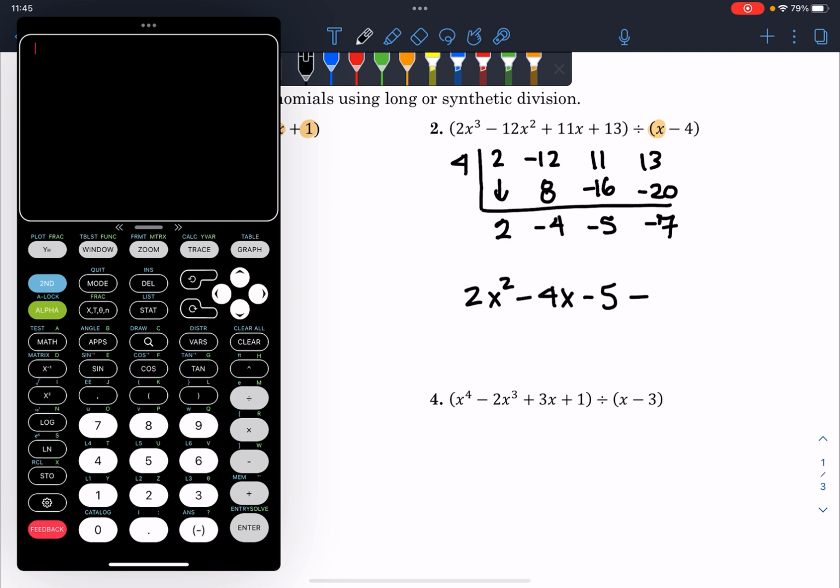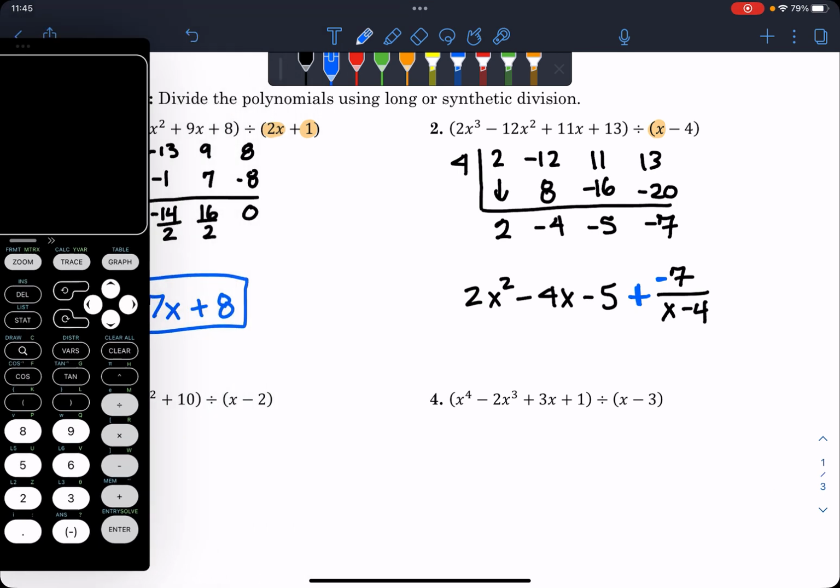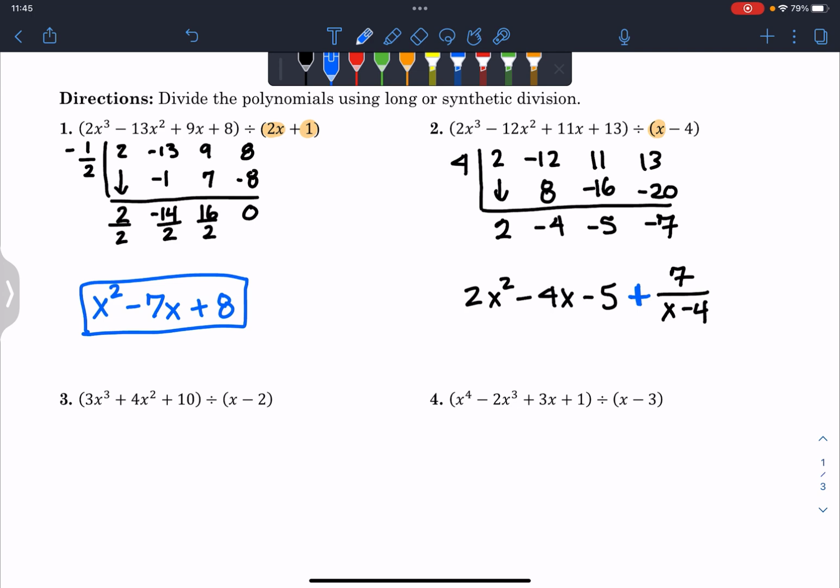We could write it as minus 7 over our divisor of x minus 4, or we can add the remainder and make the 7 negative, writing it as plus negative 7. So we could write it either of those two ways.